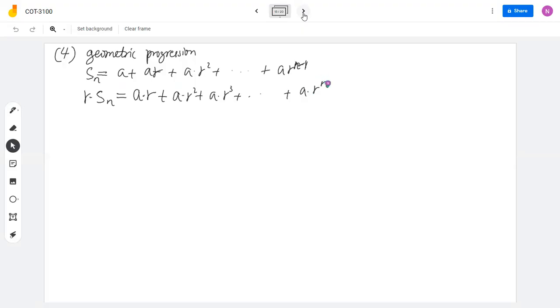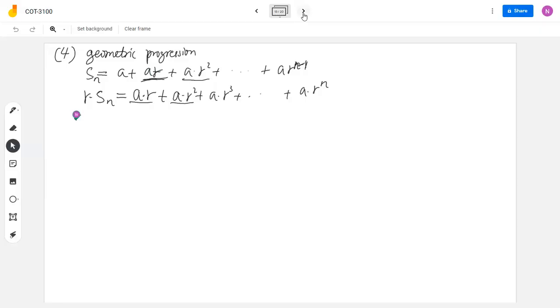So if you look at these two summations, they are very similar, except the first term. They share the middle terms: a times r here, a times r squared here, a times r squared, a times r cubed. Therefore, if we subtract one from the other, we are going to cancel almost all terms. That's what we are going to do.